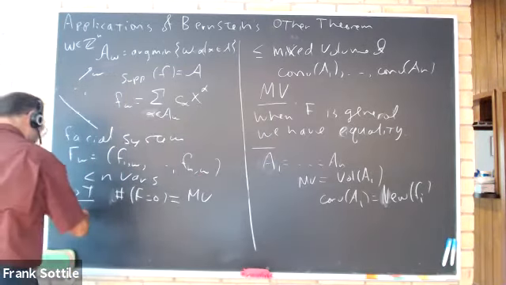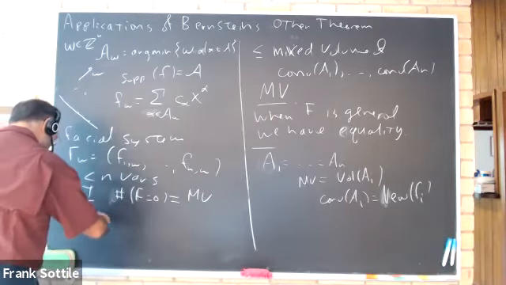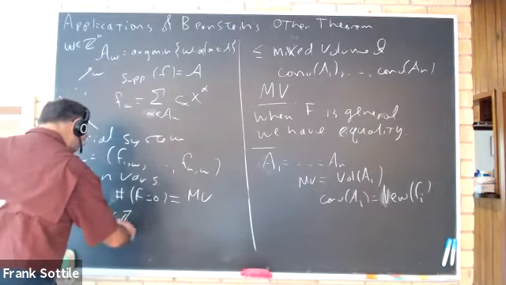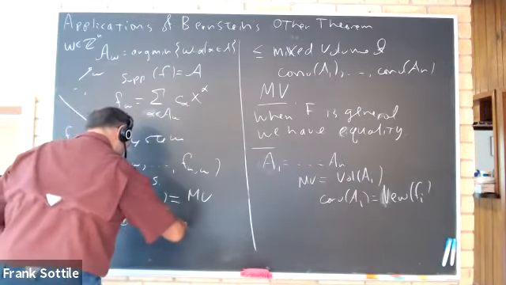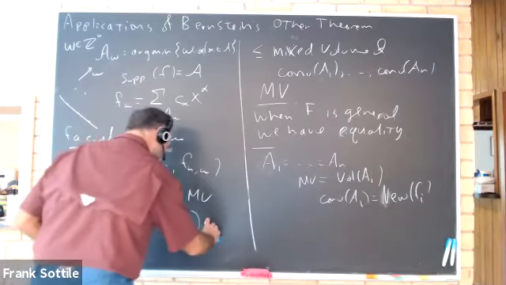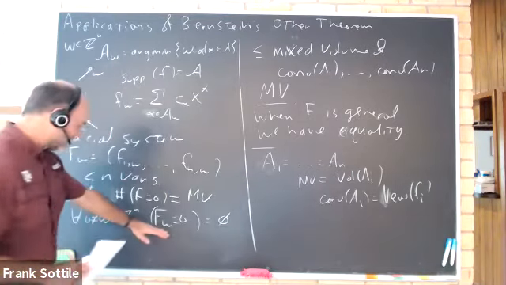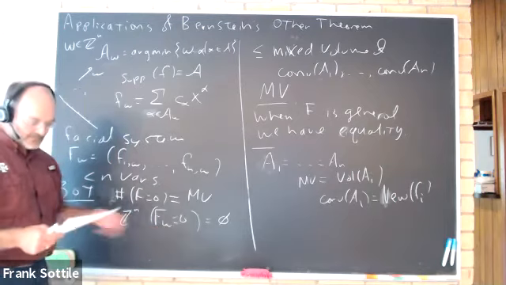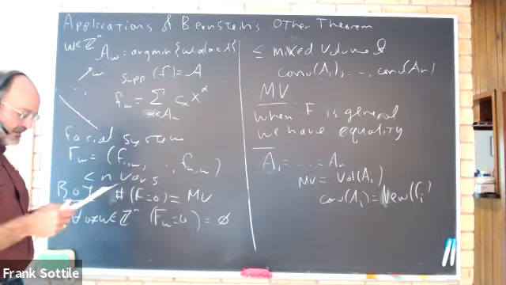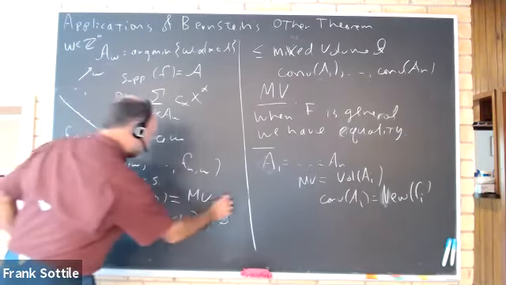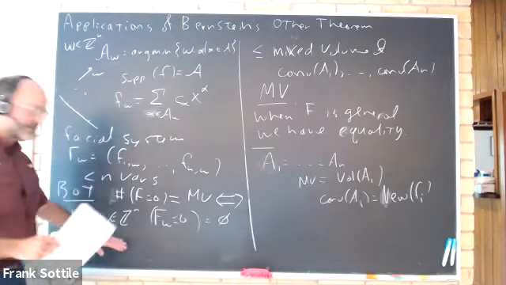And it says, if and only if, for all non-zero weight vectors W in Z^n, F_W = 0 is the empty set. So there are no solutions to these facial systems. And I want to point out, I'm sorry, this is an equivalence. And this is the key to his famous theorem.